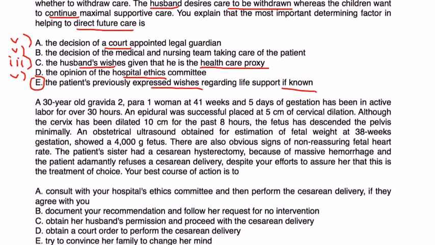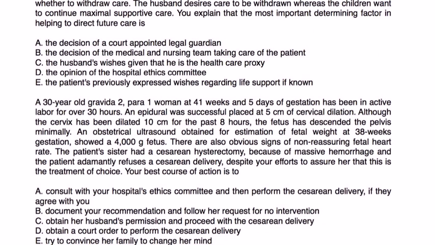Next question. 30-year-old gravida 2 para 1 at 41 weeks, 5 days gestation, has been in active labor for about 30 hours. Epidural was successful, placed at 5 centimeters cervical dilation. Although the cervix has been dilated 10 centimeters for the past 8 hours, the fetus has descended the pelvis minimally.